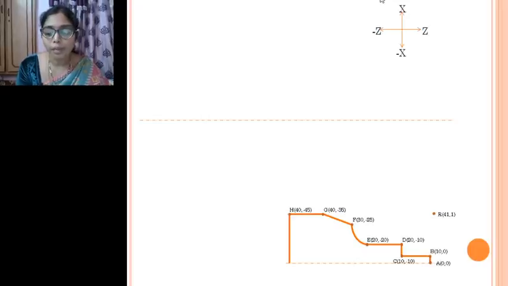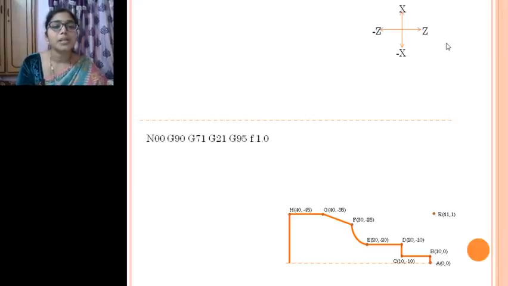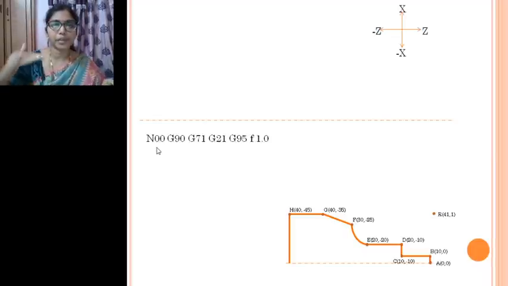Now first I have to start the program. In this, the first line, N00, defines the line number. When you write a program, there will be different lines. The N00 doesn't add any operation to the program.